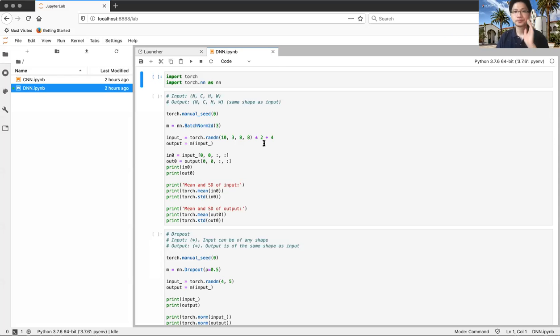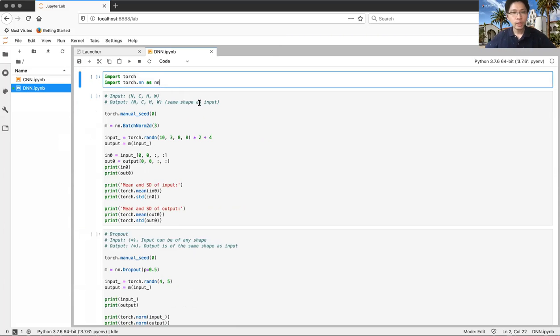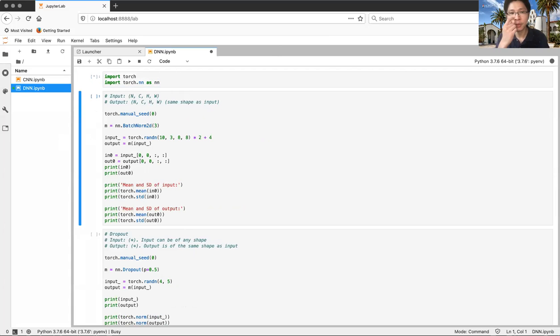Jupyter Lab. Okay, so hopefully it's big enough, right? Let me enlarge it a bit. The first example is for batch norm. First let me run the first cell to import torch and torch.nn.